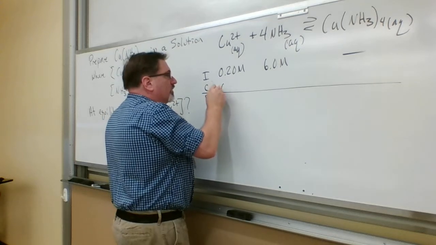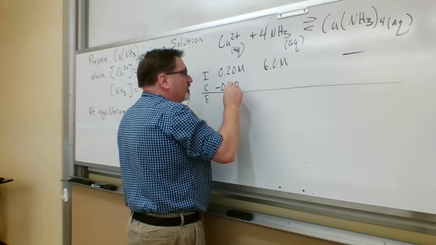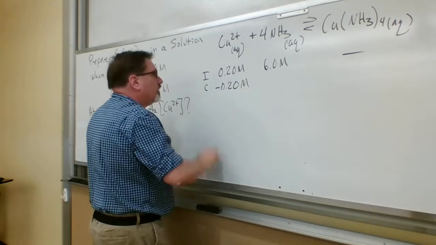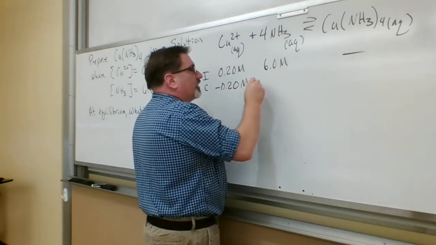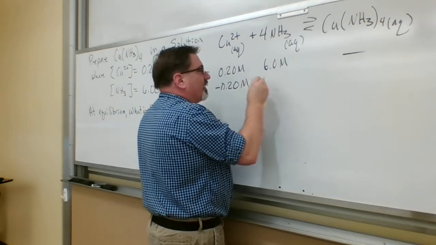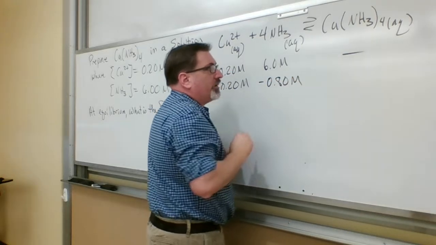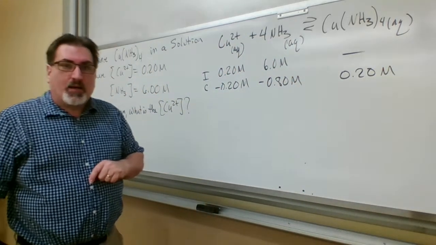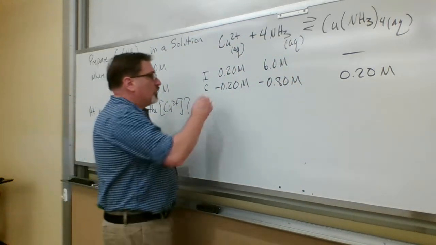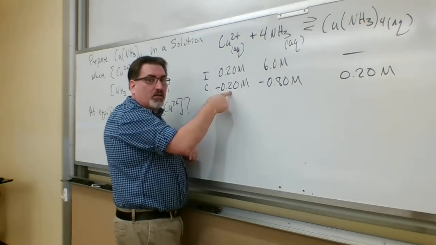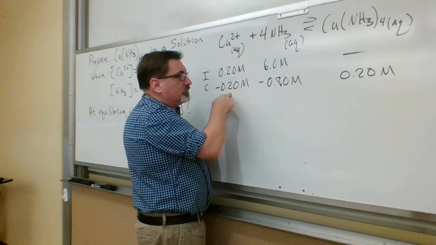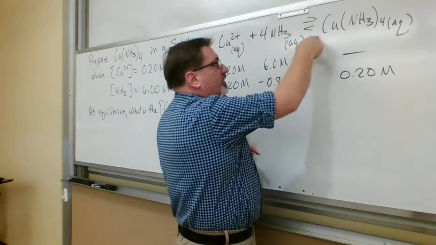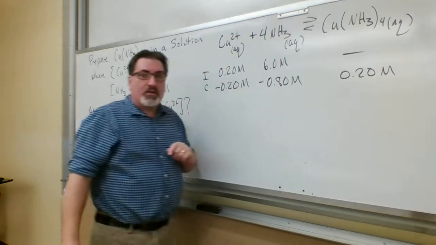So we're going to lose 0.2 molar copper, and we're going to lose 4 times that amount, or 0.80 molar ammonia, to make 0.2 molar copper ammonia complex. We lose 0.2 of the Cu2+ because it's all going to get consumed. It's our limiting reagent. Then we lose the stoichiometric equivalent, 4 times that, of ammonia to make the stoichiometric equivalent amount of copper ammonia complex.